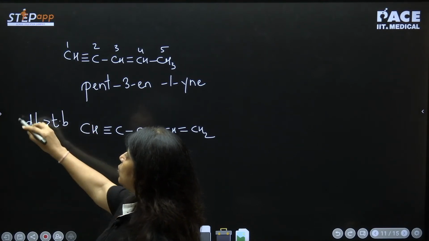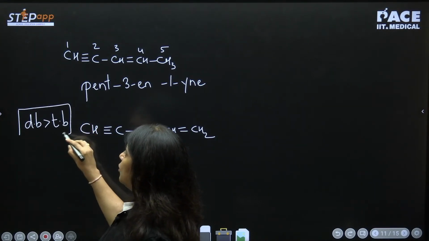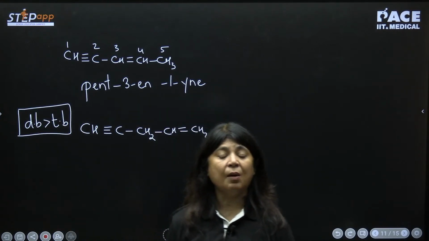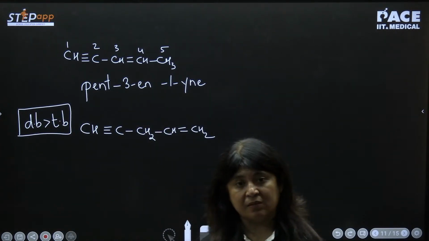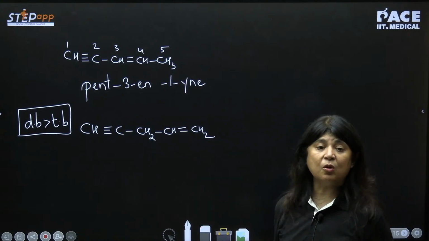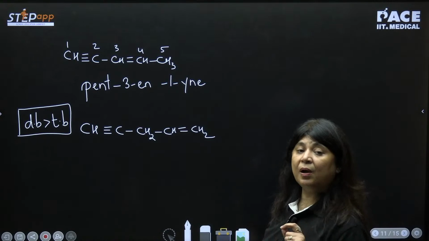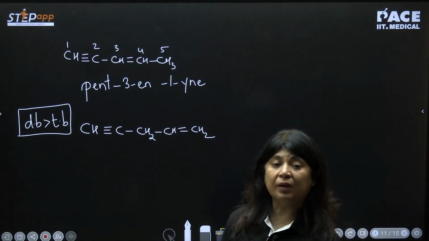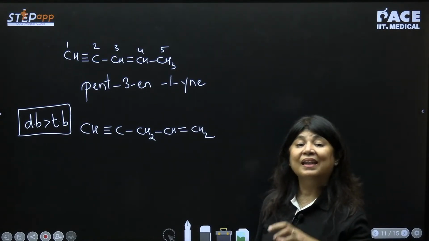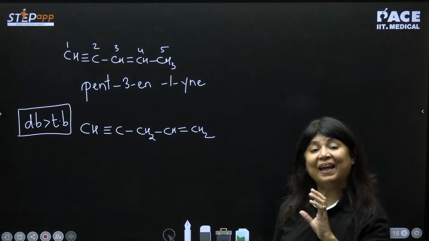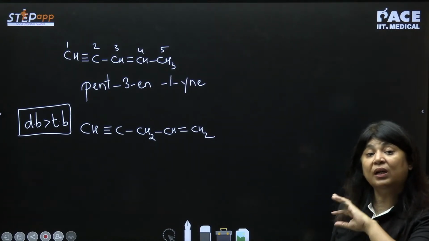This rule you will be using only when the positioning for the double and triple bond comes out to be the same from either end. So for such compounds, the double bond gets a priority over the triple bond. In other words, this compound will be named from that end which is closer to the double bond.